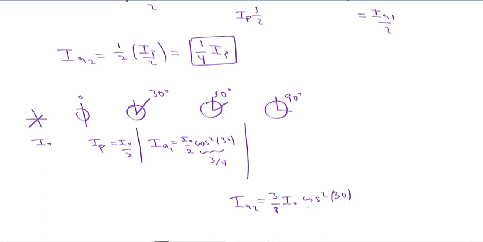And I get the same thing as before, so now 3/4 of 3/8 is 9/32. And then finally, I_A3, which is 9/32 I naught times the cosine squared of 30 degrees again.